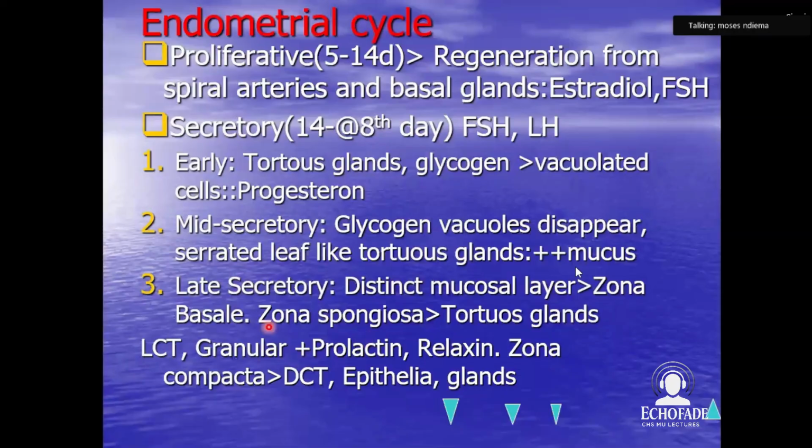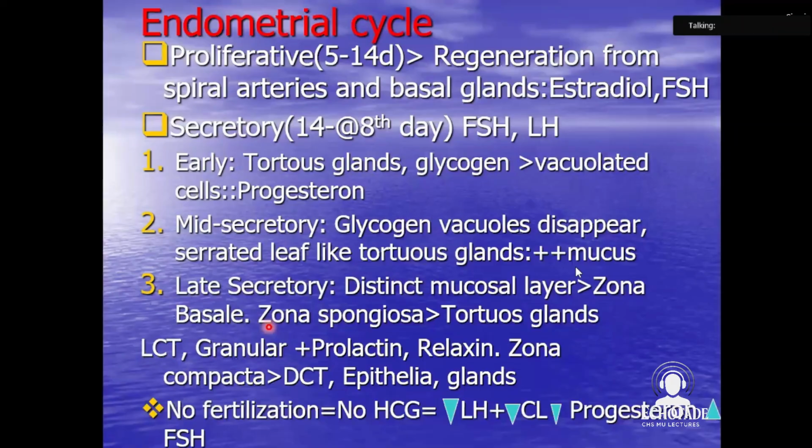After this late secretory, because we said the secretory phase is in preparation for implantation, if there is no fertilization, there will be no human chorionic gonadotropin hormone release. There will be a reduction in the luteinizing hormone, and therefore regression of the corpus luteum.